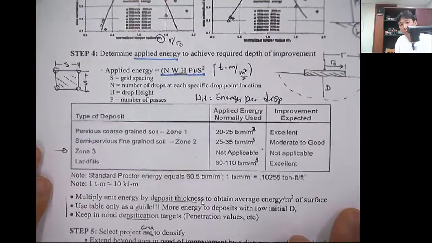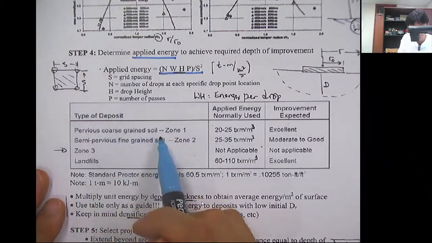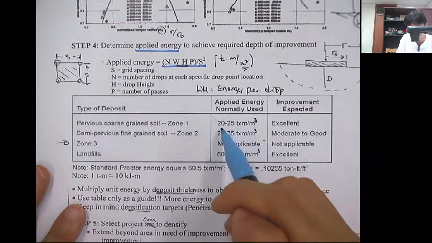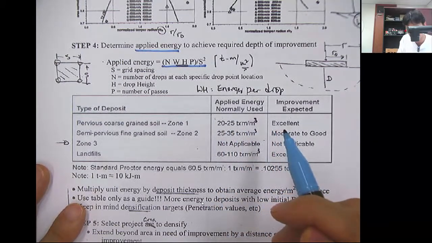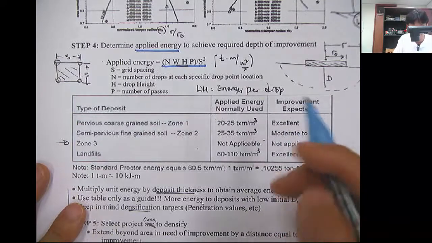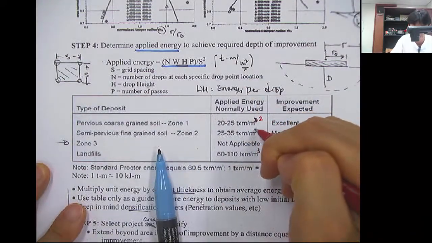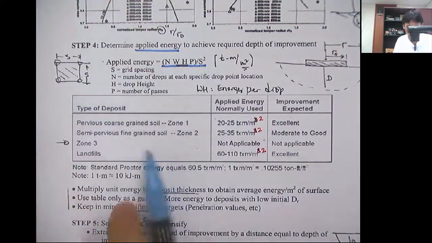So for zone 1, the sandy soil, where this DCC is very effective, the applied energy is about 20 to 25 ton times meter per cubic meter. I think it should be a square meter, because we are dividing with the area.